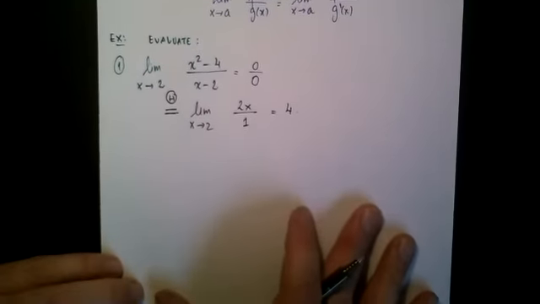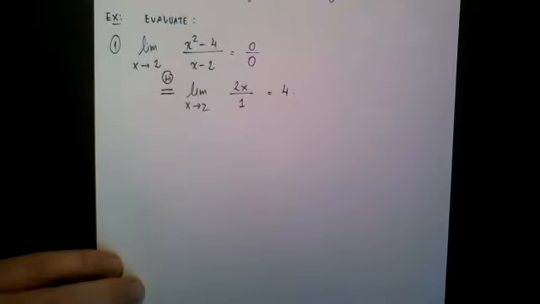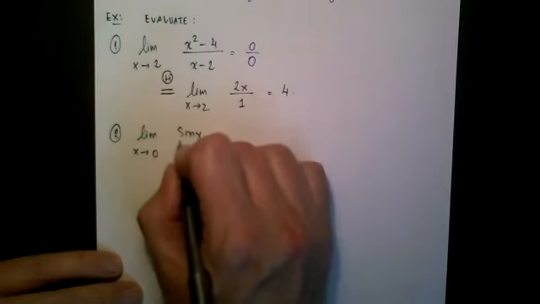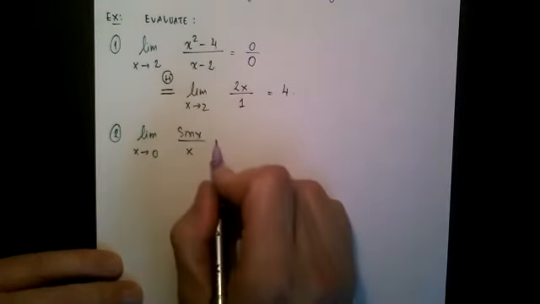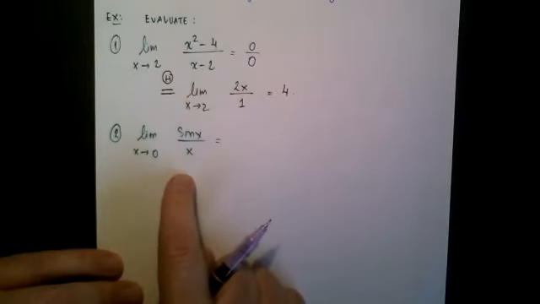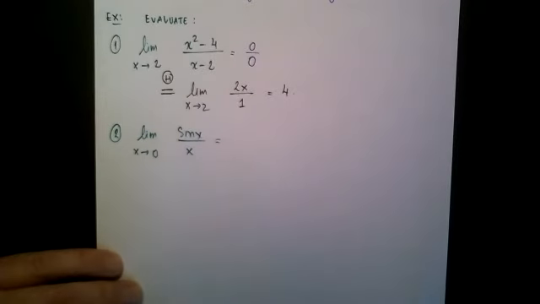Another one. Number 2: the limit as x approaches 0 of sine x over x. You remember what that is? One. I think we did enough of these, and we proved it using the squeeze theorem, which took us about a page to do.